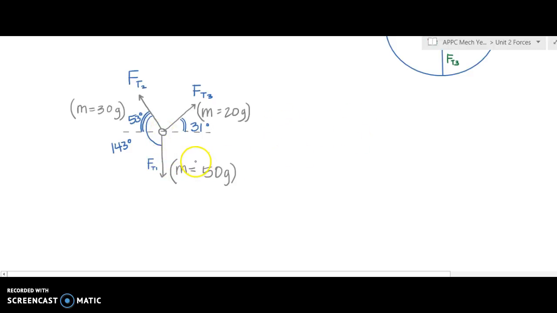Now if we start with one of these weights, what would FT1 be equivalent to? 50 g. Well, the mass should be in what unit? 0.05 kilograms, and then times the gravitational field constant, which I'm going to use 10 because it's nice to use in class.